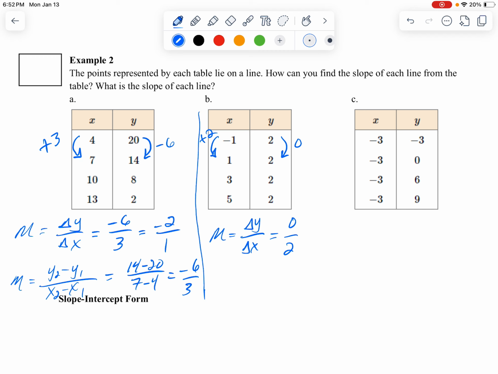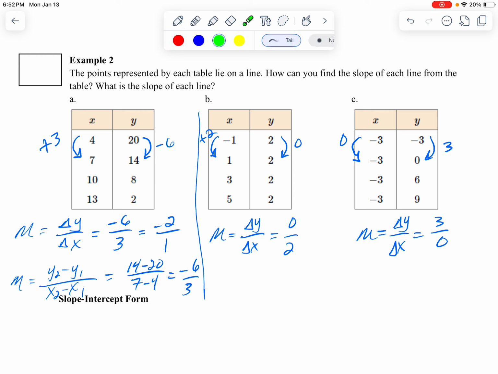And actually, before I simplify and say more about this, I'm just going to do this other one here as well. The change here in x is 0. The change here in y is 3. So this would have a slope of change in y over change in x, 3 over 0.